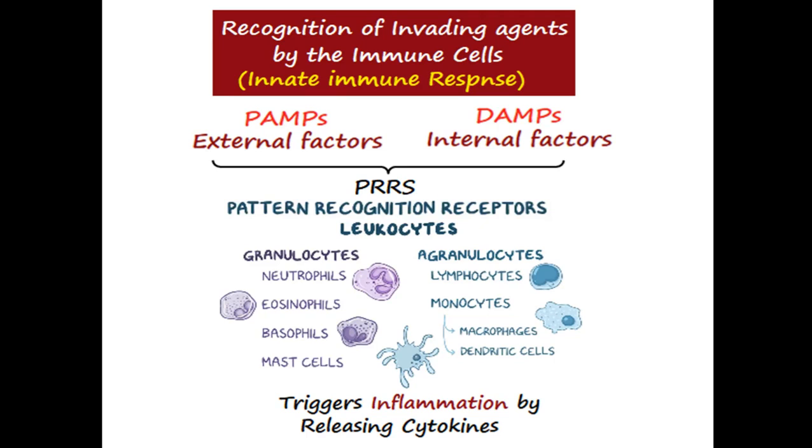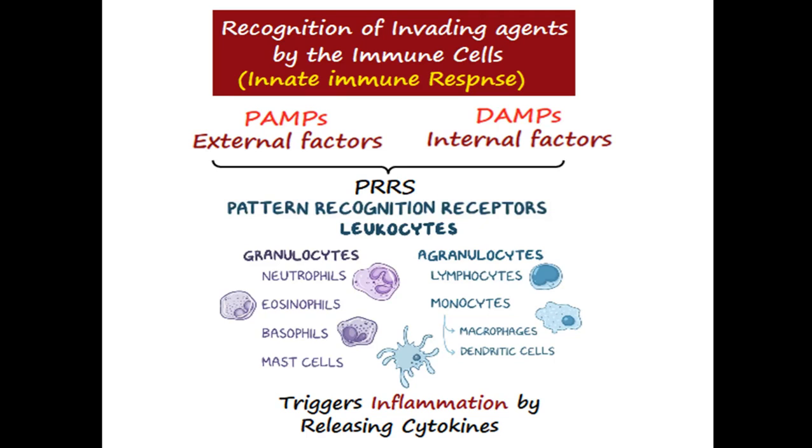So now we proceed. What happens is that our immune cells recognize the external factors and the internal factors. They recognize the external factors through pathogen associated molecular patterns, and they recognize the dead tissue or internal factors through damage associated molecular patterns. And the inflammatory cells have receptors for the recognition of these PAMs and DAMs, and these receptors are known as the pathogen recognition receptors.